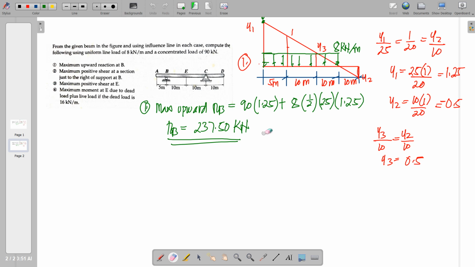So if we are going to take B here, it so happened that there is a roller support at point B, and therefore we cannot really apply the principle of Mahler-Breslau, because if we are going to cut this one, your cut section would not be enclosed by two support reactions.